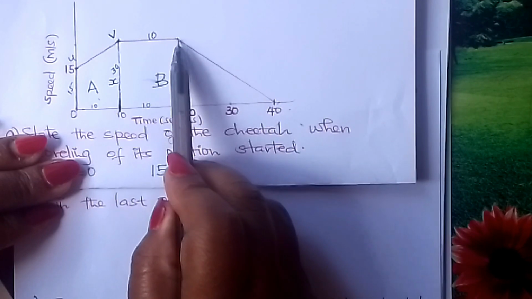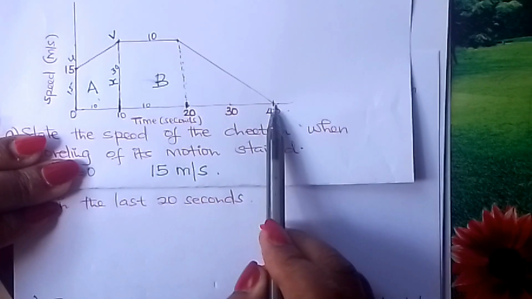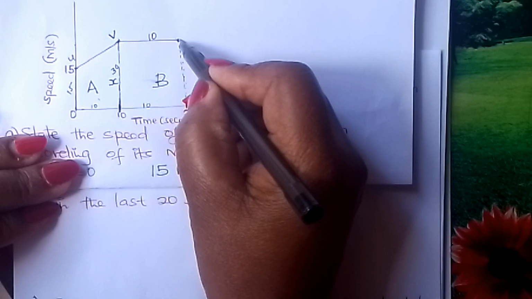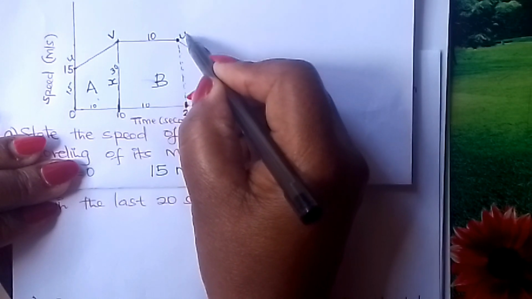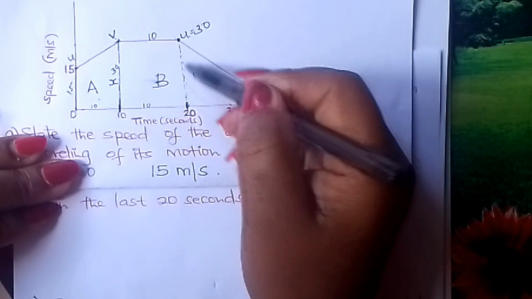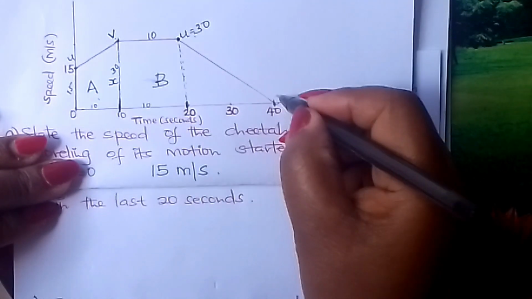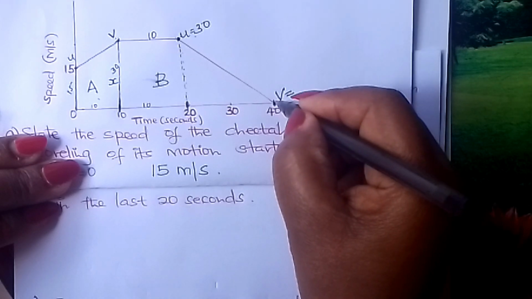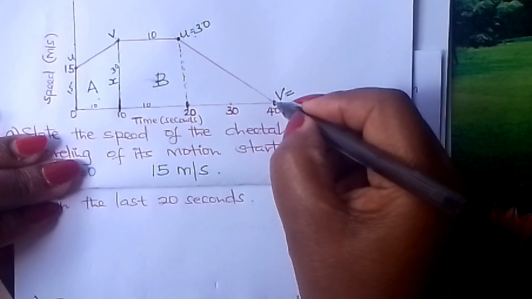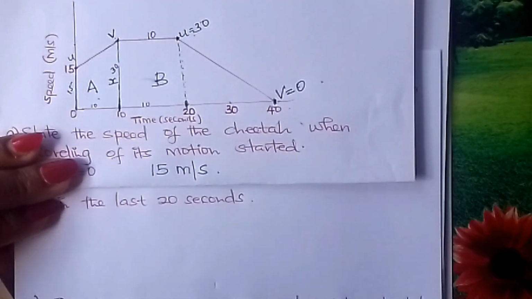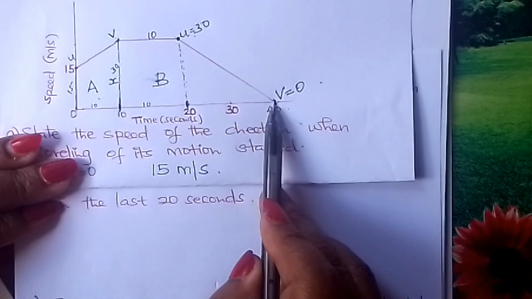So we are talking about this part here, whereby our initial velocity corresponds to this point, which is 30. Remember, this and this are equal, so 30. And our final velocity here is what? This is 0. The final velocity is 0. And our time is 20.